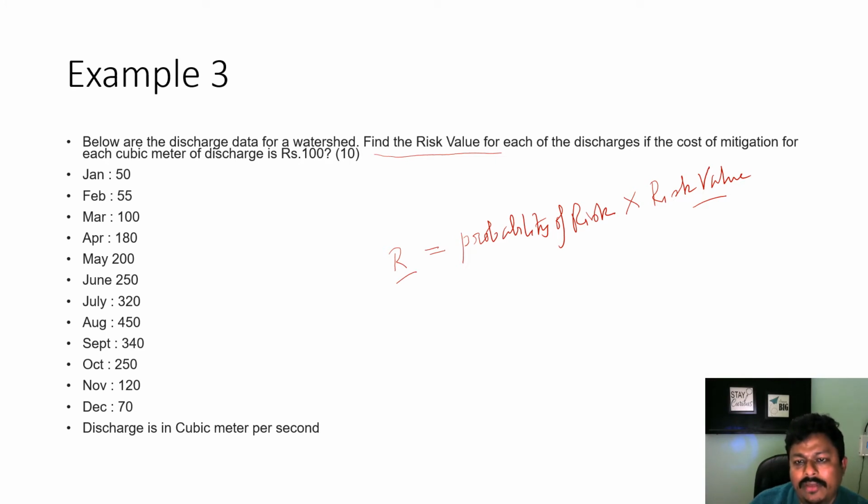And if it is not defined, then you have to first find the probability of risk. And if the data of risk value is given, like for example, here it is said 100 per cubic meter of discharge is the risk value. That is, for this amount of discharge, we have to waste, rather I would say, 100 rupees.